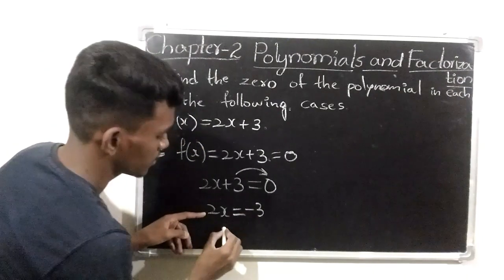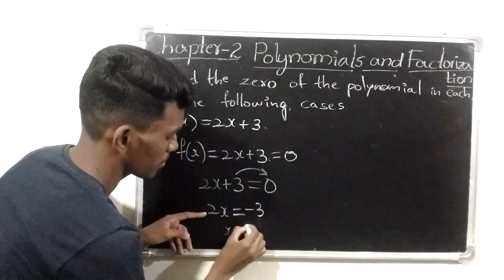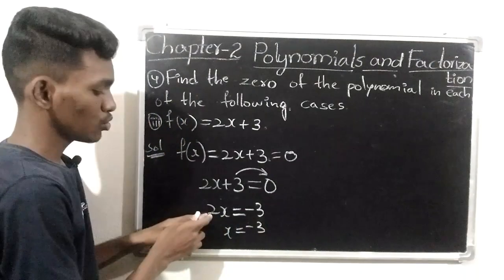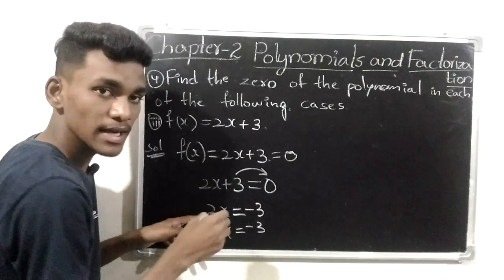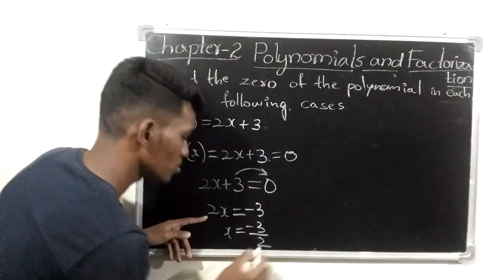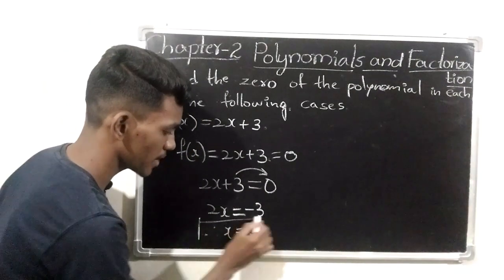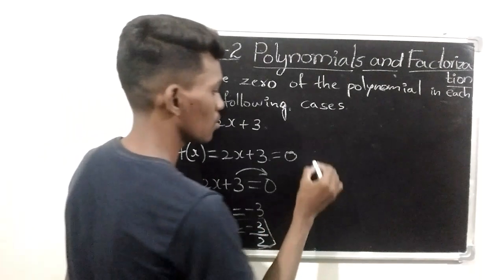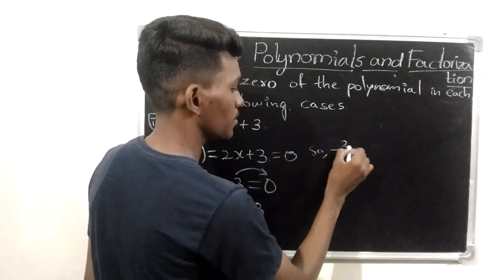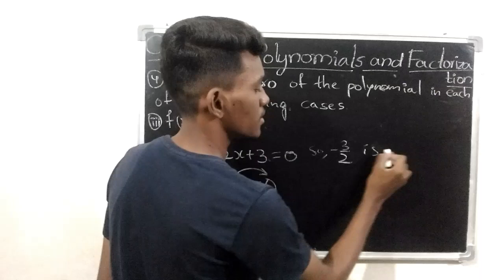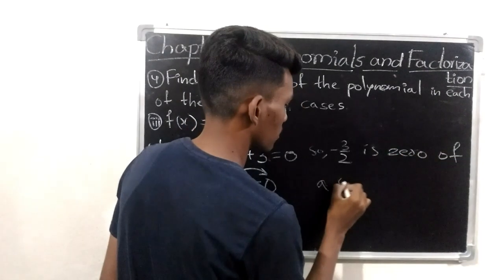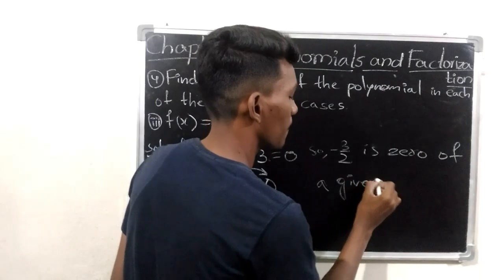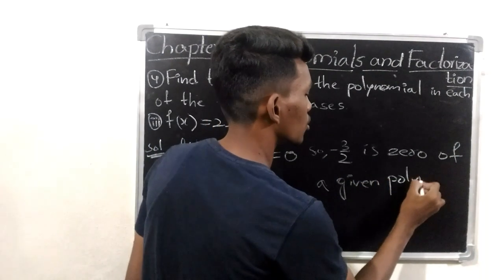Then x = -3, the 2 is in multiplication, so we transfer it to the right side and it becomes division by 2. Therefore x = -3/2. So -3/2 is a zero of the given polynomial.